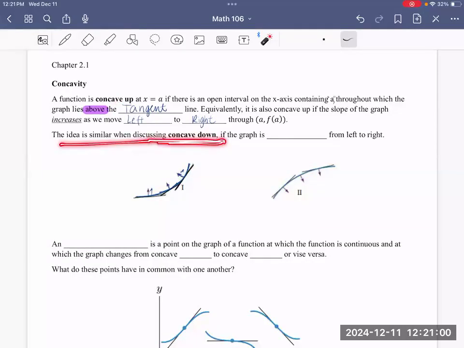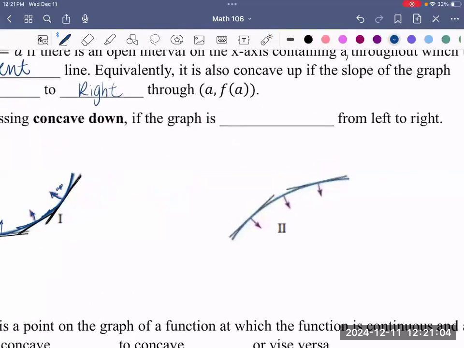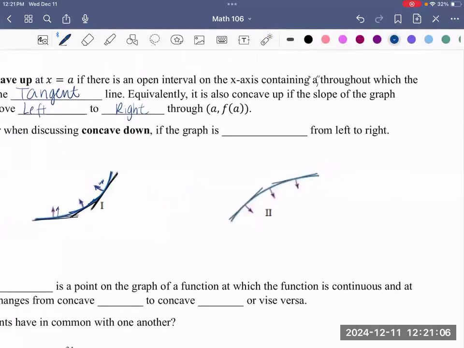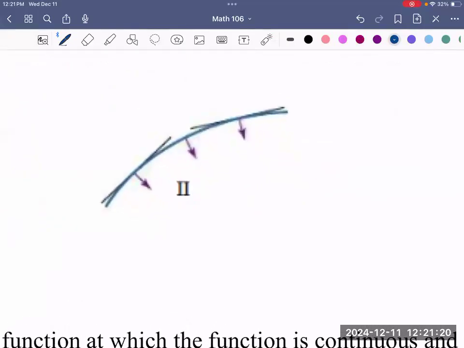Now, the idea is very similar when we look at its opposite. If we are concave down, instead of the graph being above, the graph is now below your tangent line, from left to right. So you can now see the reverse.